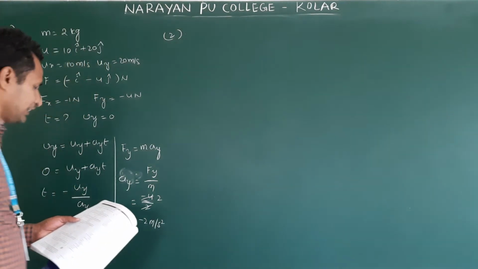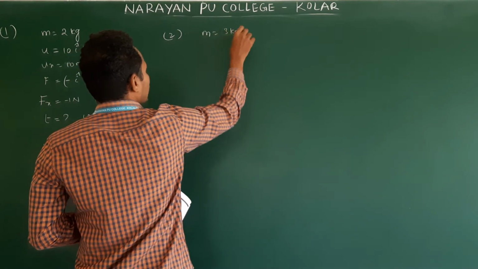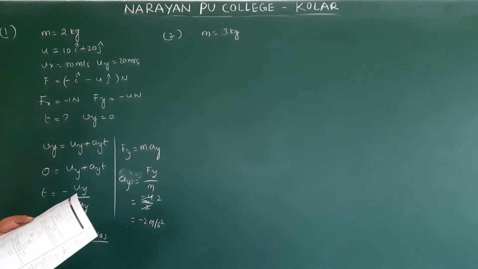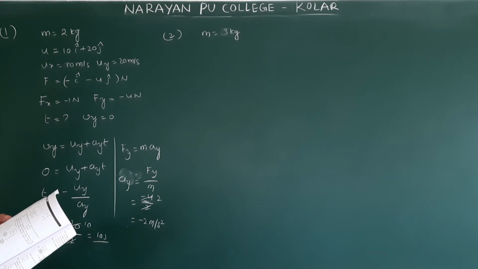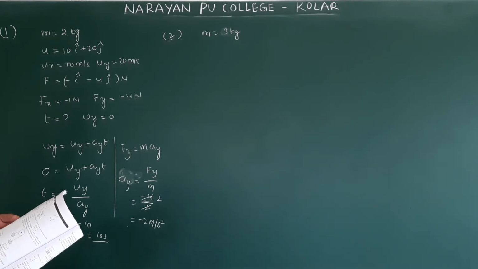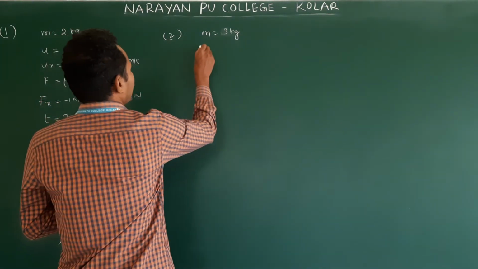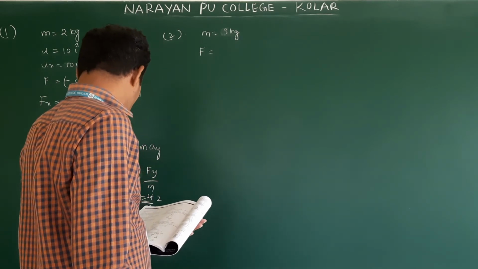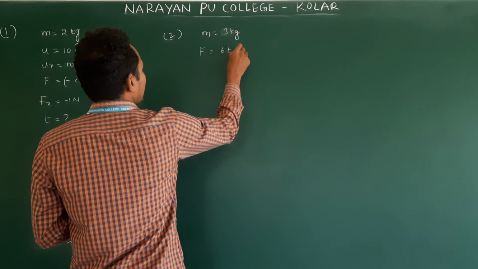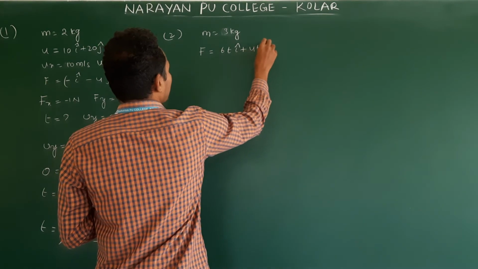A body of mass 3 kg, m is equal to 3 kg, in the xy plane, under the action of a force given by 60 i cap plus 40 j cap, assuming that the body is at rest at t is equal to 0, the velocity of the body at t is equal to 3 seconds. Force given F is equal to 60 i cap plus 40 j cap.